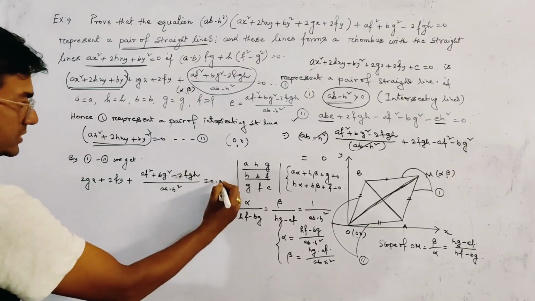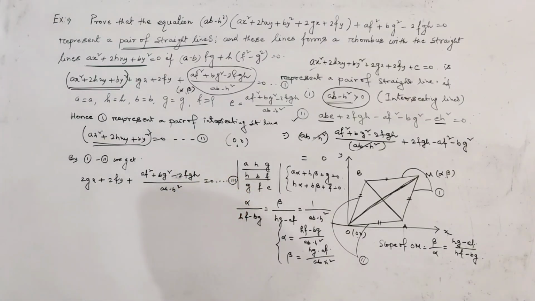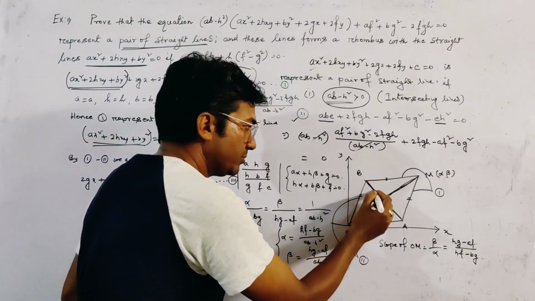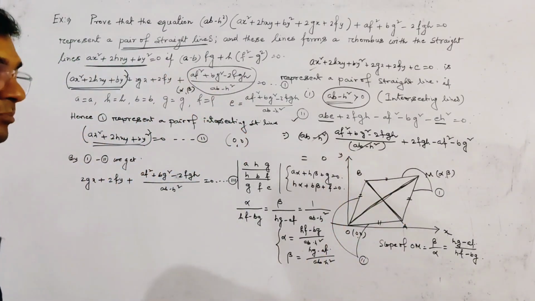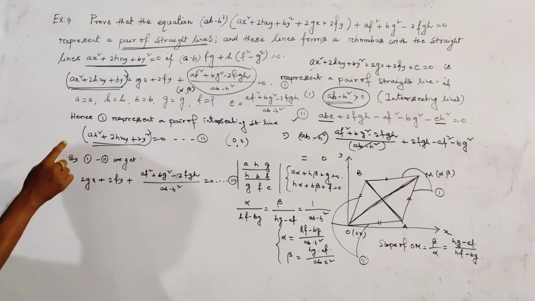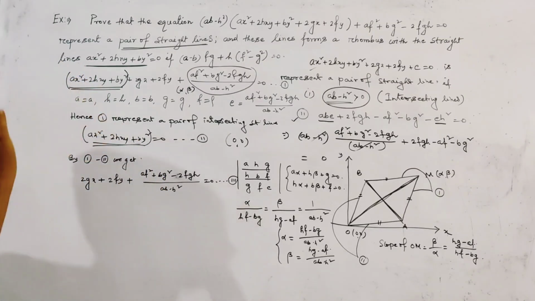We name this straight line as relation number 3. This equation represents the straight line AB, because it is clear that this line passes through both lines 1 and 2, since we got line 3 from calculating 1 and 2.